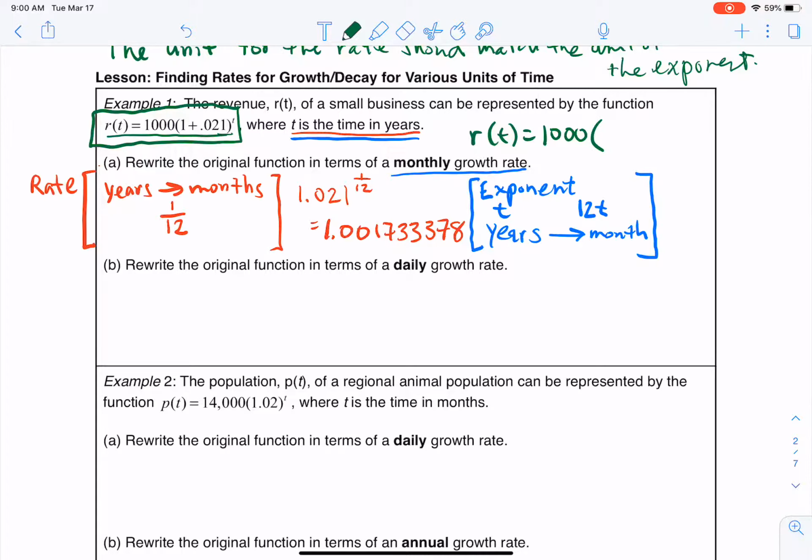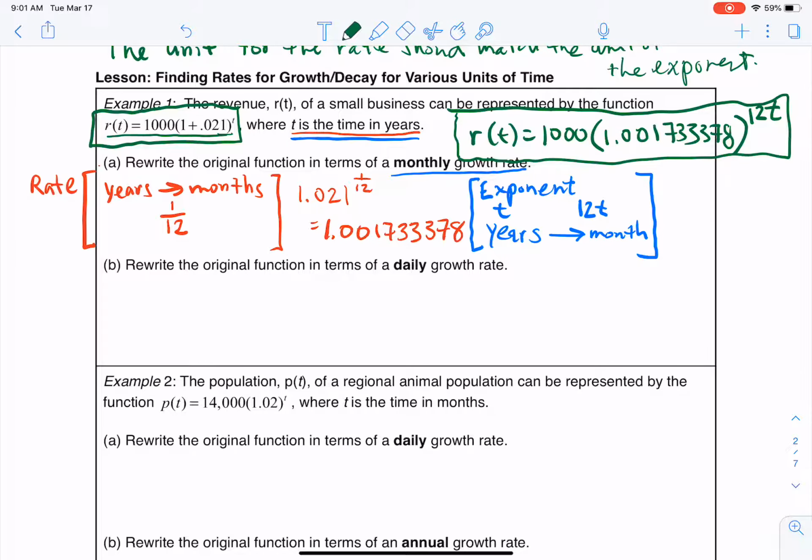Our monthly growth rate is 1.001733378, and that's going to be raised to the power of 12t. So that's part A. Let's look at part B. You can pause the video if you want to write that down.